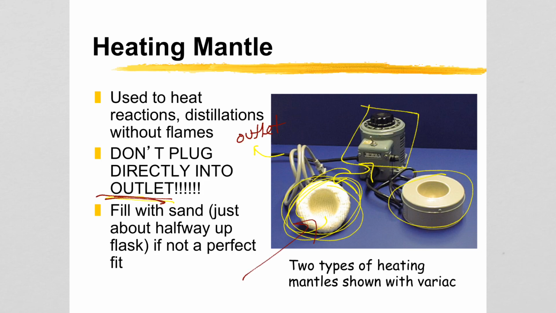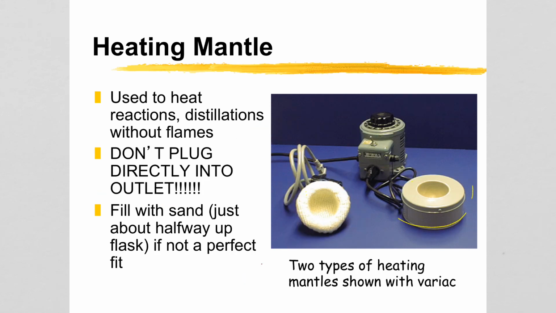So if you plug the heating mantle directly into the outlet, it will get super hot because it's direct house current, and it will probably start to smoke, and it will probably catch on fire. So we'd like to avoid all of these things. So do not plug the heating mantle directly into the outlet. You want to take your heating mantle plug and plug that into the heating mantle, and then this cord right here is going to be the one that goes to the outlet.